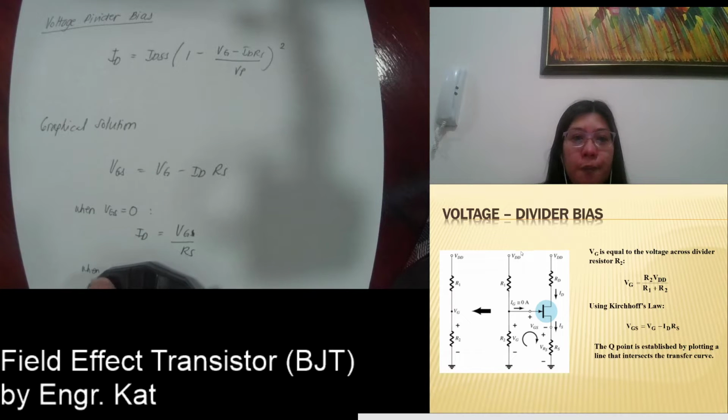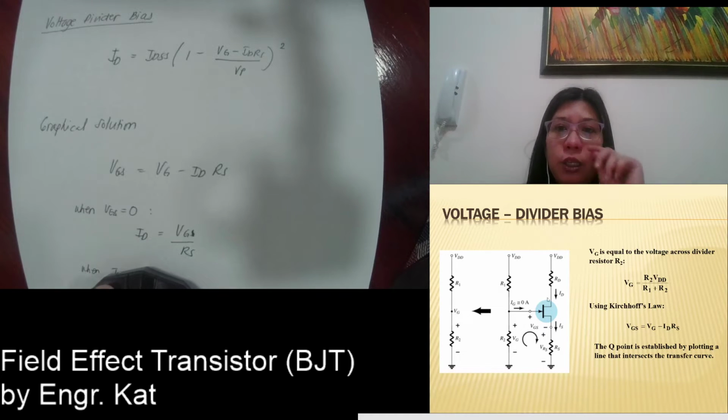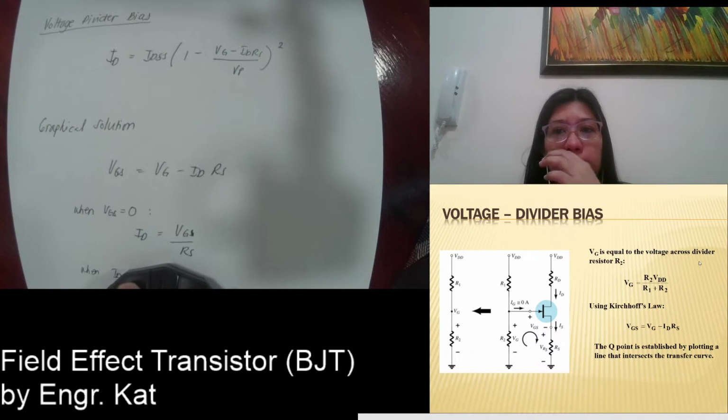Therefore, the current which will flow across your R1 is just the same current which will flow across your R2. We will be calling the voltage across your R2 your VG or your gate voltage. So your VG is equal to the voltage across the divider resistor R2, and VG is equivalent to R2 multiplied by your VDD divided by R1 plus R2.